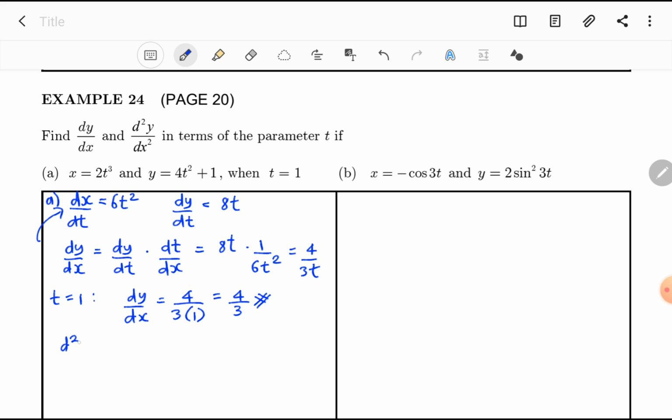And for second order, d squared y over dx squared equals, we need to differentiate the first order derivative one more time. And 4 over 3t can be written as 4 over 3 t to the power of negative 1, and then times dt/dx.